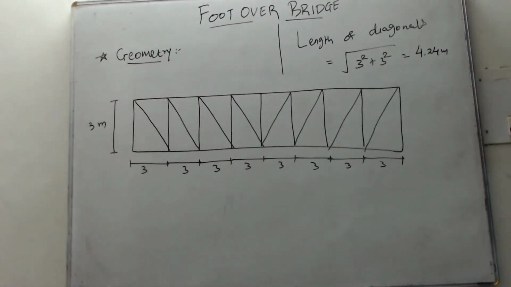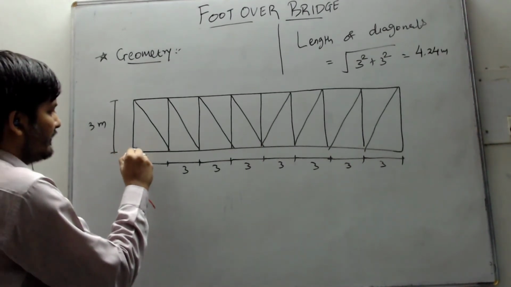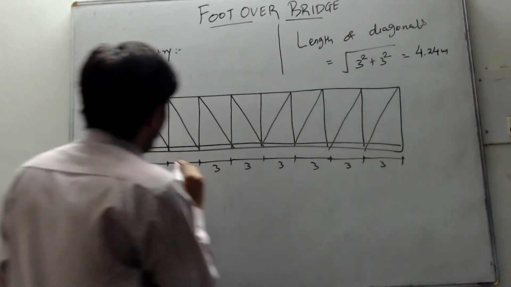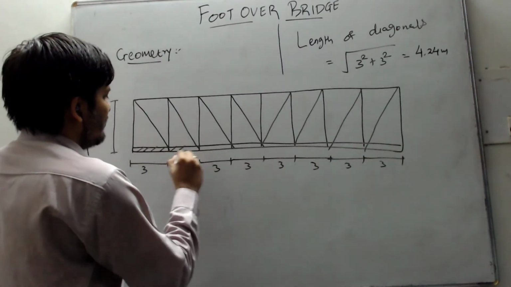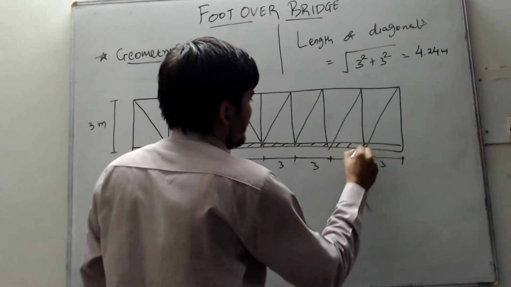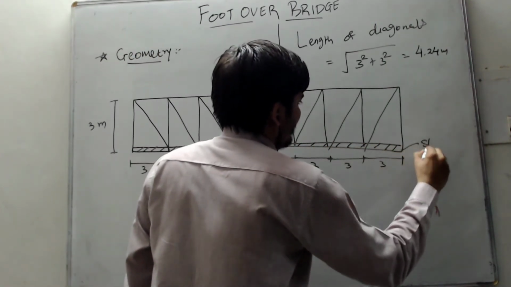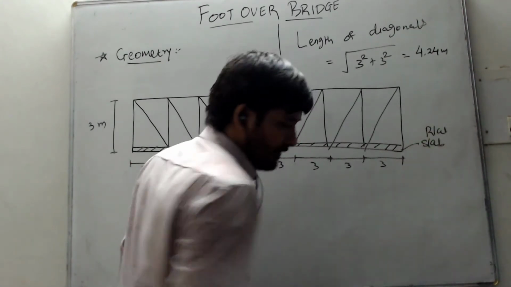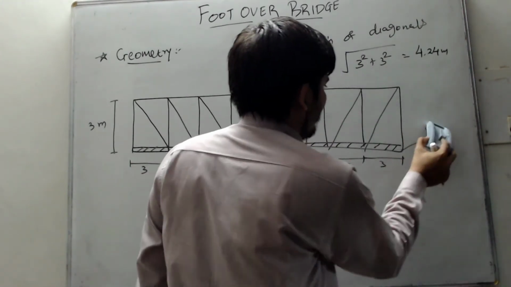Then what else do we have? We have inclined members, and this is the RCC slab that is going to be cast. So this is a slab which is being shown here, an RCC slab.